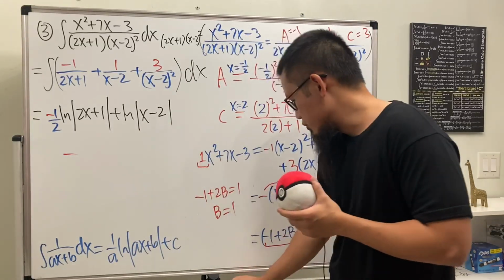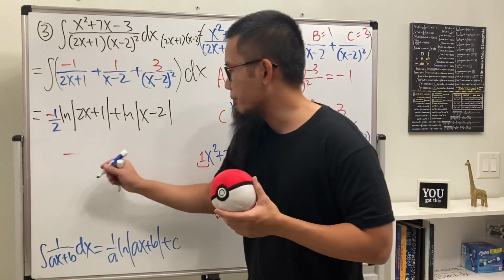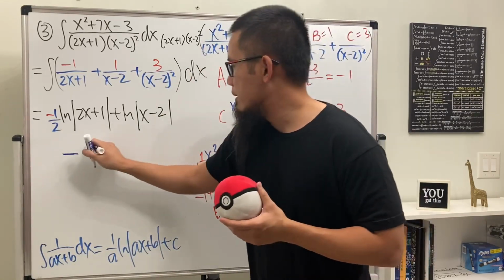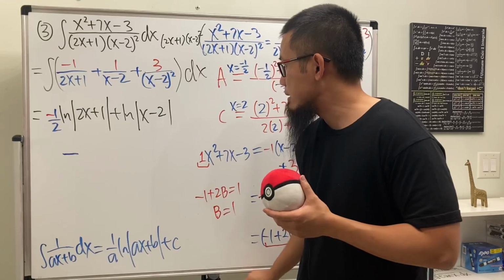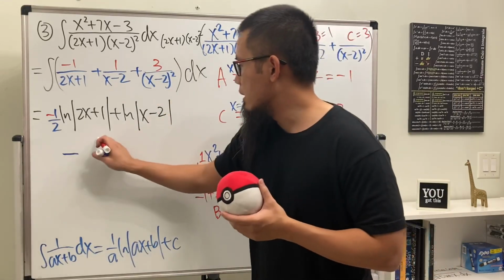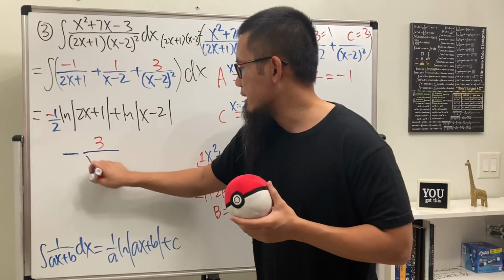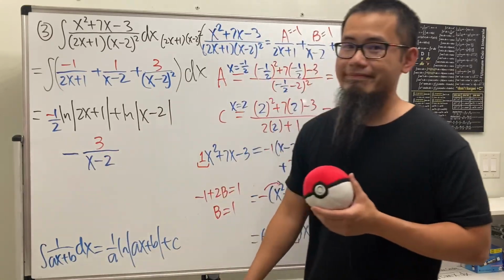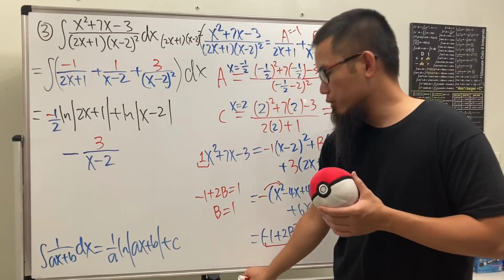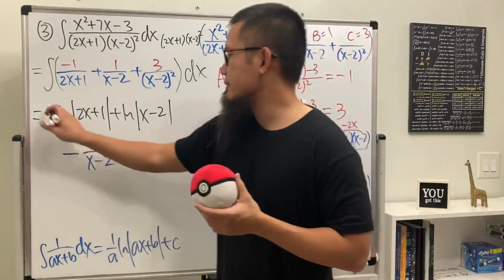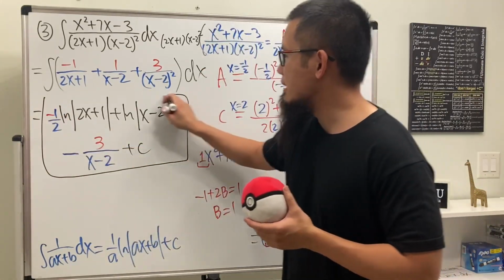Perhaps the negative should be in blue to make it stand out. We have the negative, the 3, over just x minus 2. Very similar to what we did earlier, and we're all done. Put on the plus c. So this right here is it.